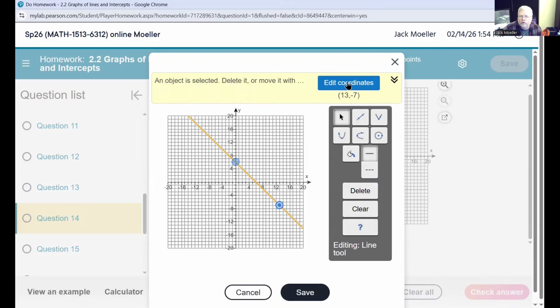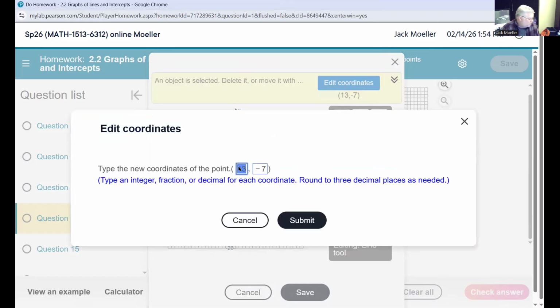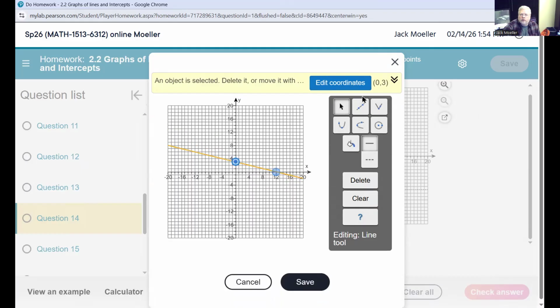You can click on that point, come over here to edit coordinates, and type in that it was supposed to be 12, 0. So if you're having a hard time, particularly if you're trying to do this on an iPad or something small, just put in the points that are close, then click on them again afterwards, and you can edit them. You can type them in. Like here, as soon as I clicked on it, it moved it, because now it's at 0, 3.